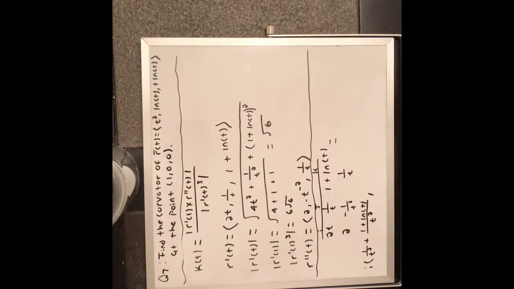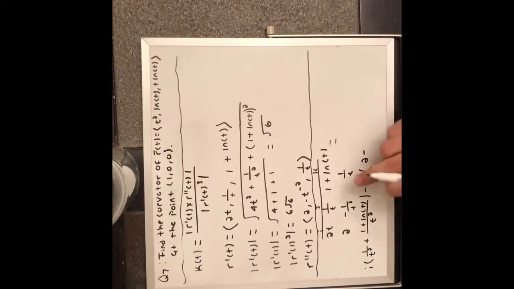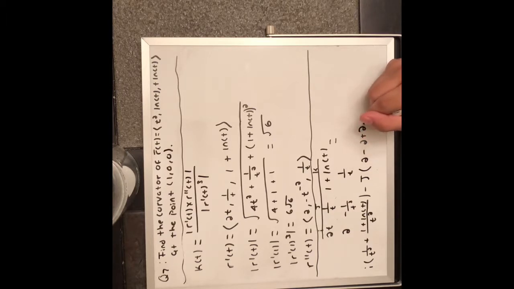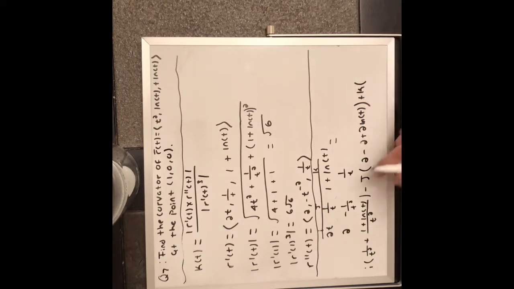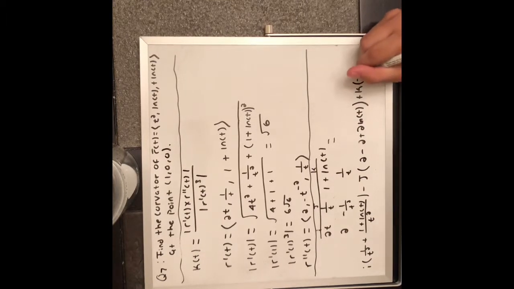Now, minus j: you get 2t over t, which we know to be just 2, minus 2 times 1 plus ln of t, which we can write as 2 plus 2 ln of t. Plus k, which will be 2t over t squared, so that'll be negative 2 over t minus 2 over t.